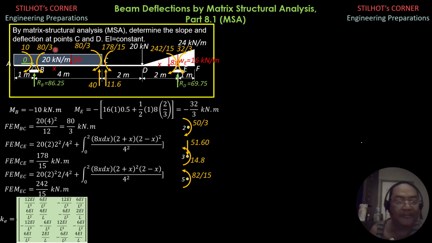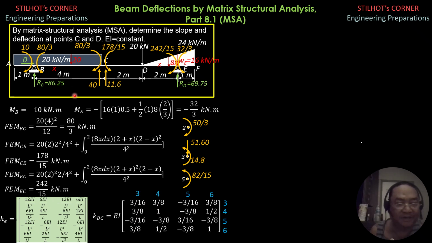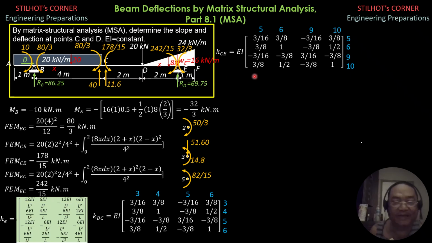So therefore, for stiffness of BC, L is 4, and the numbering is 3, 4, 5, 6. Then for CE, the numbering is 5, 6, 9, 10. So KCE is EI times the matrix with 5, 6, 9, 10. You check these values for every cell of the structural matrix element of the stiffness of CE.